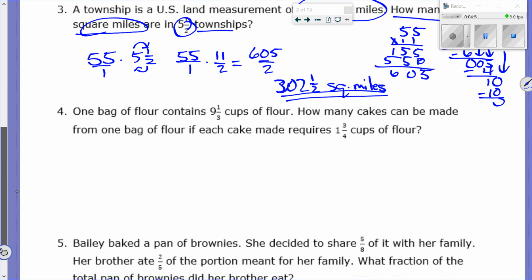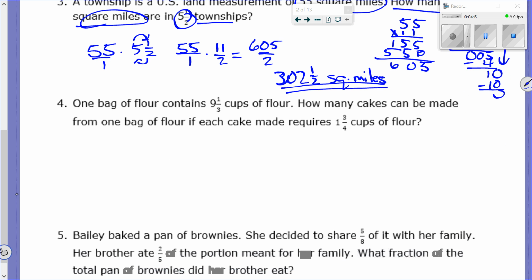Number 4. This is one I had the most questions on in class as we were working on these. I have 1 bag of flour. It contains 9 1/3 cups of flour. How many cakes can be made from 1 bag of flour if each cake requires 1 3/4 cups? So there's my question, how many cakes can be made? So this is going to be what kind of a problem?